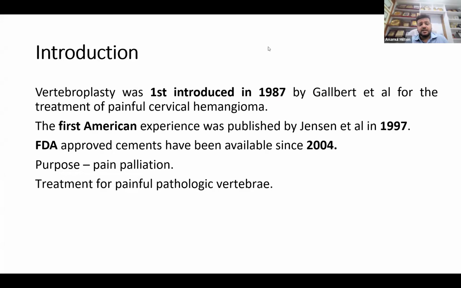After 10 years, one RCT was published in the American Journal, and after 6-7 years, the FDA approved it as a novel intervention for collapsed vertebra, and right now we are doing it ourselves, and patients get a very good benefit from us.